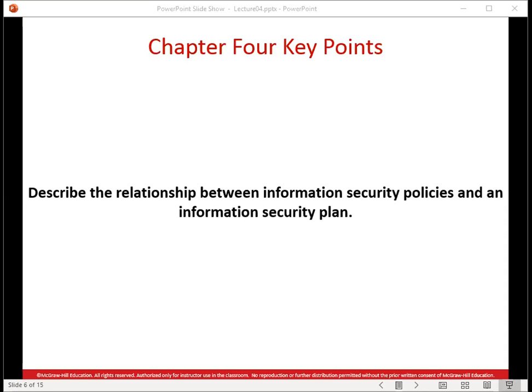An information security plan details how an organization will implement the information security policies. The best way a company can safeguard itself from people is by implementing and communicating its information security plan.